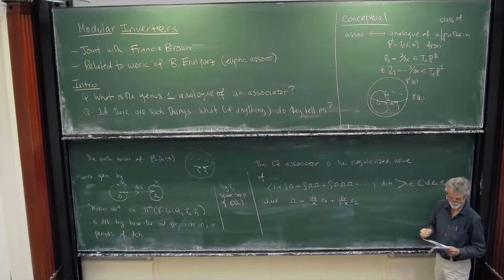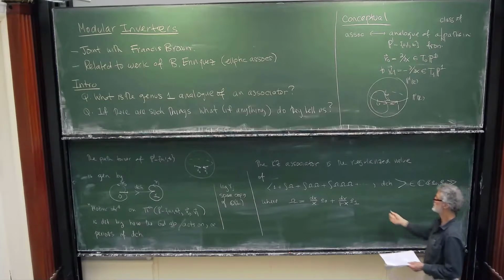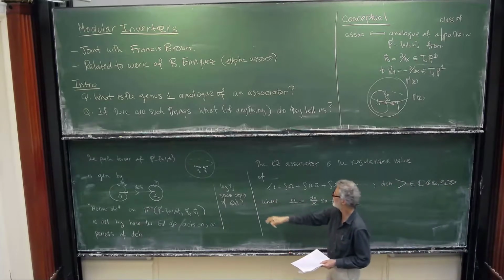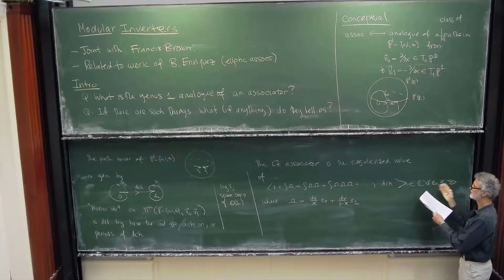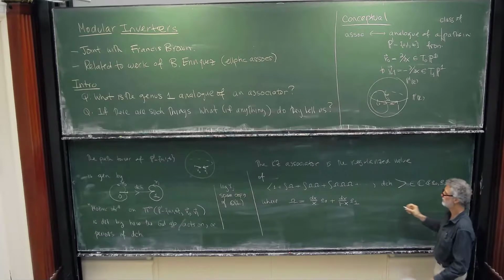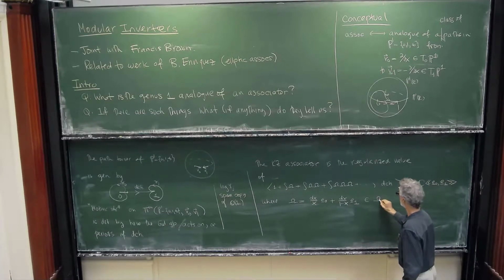Okay? And this is just a logarithmic 1-form on P1 with values in, say, this algebra, or in fact in the free Lie algebra. So it's an element of omega 1 tensored with the free Lie algebra.